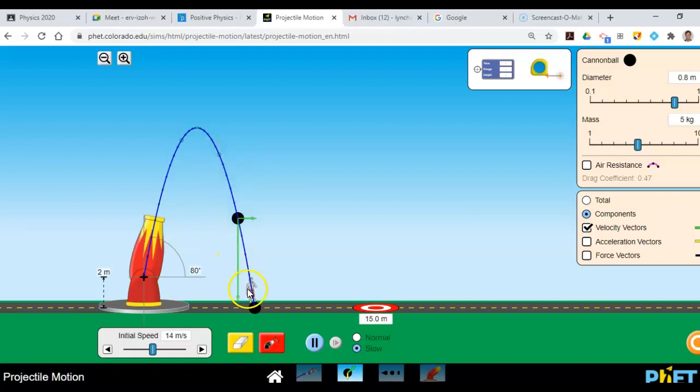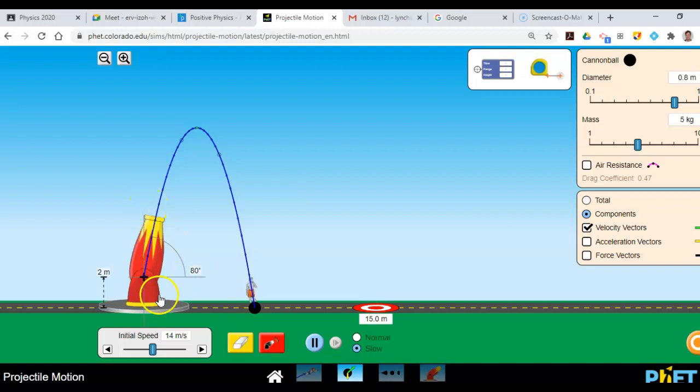That velocity starts out positive, it goes to zero, and then it increases on the way back down to the ground. So the up and down velocity, or the vertical velocity, goes to zero and then increases. All right, so we're used to that from our free fall work thus far.